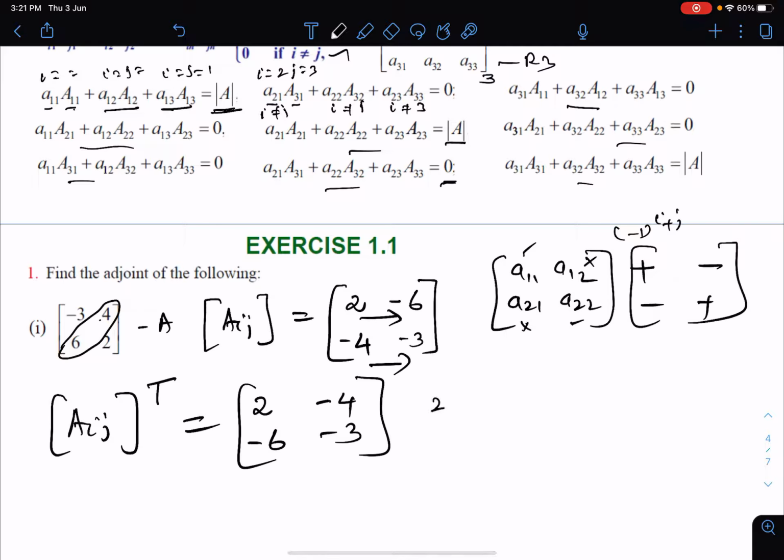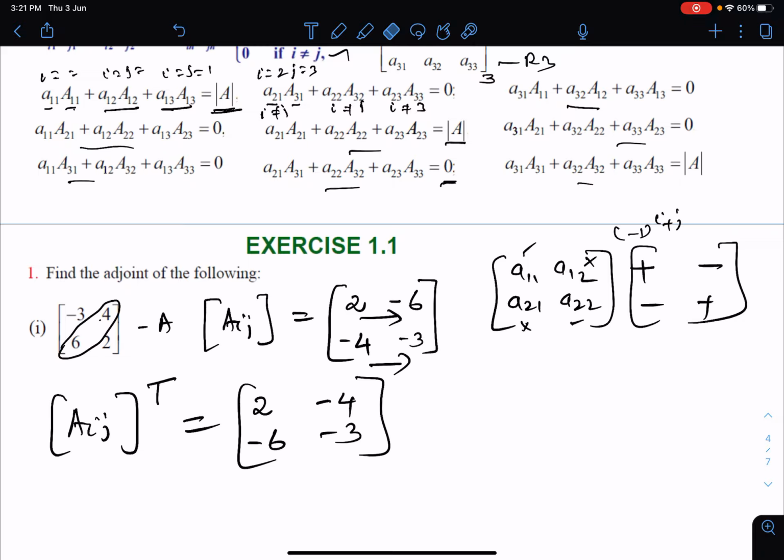So for a 2 cross 2 matrix, it is very easy to write the adjoint. Just interchange the principal diagonal and change the sign of the other diagonal. I have explained both the ways, so you can do either this way or that way.